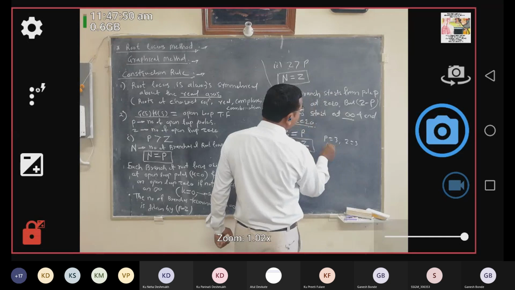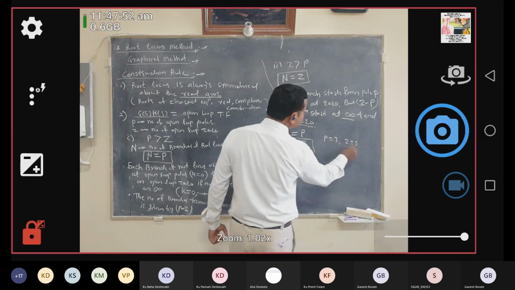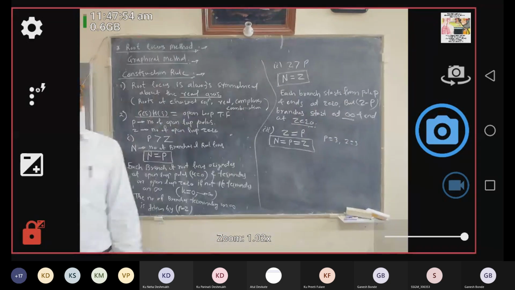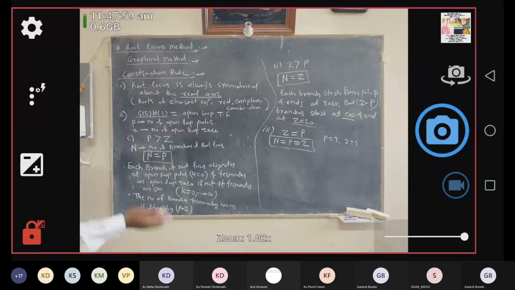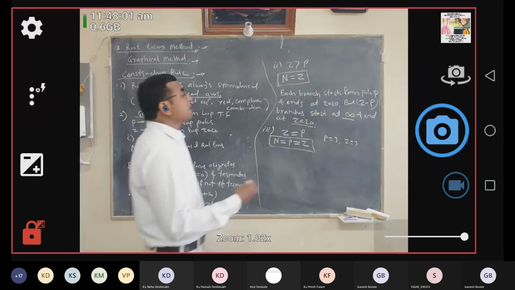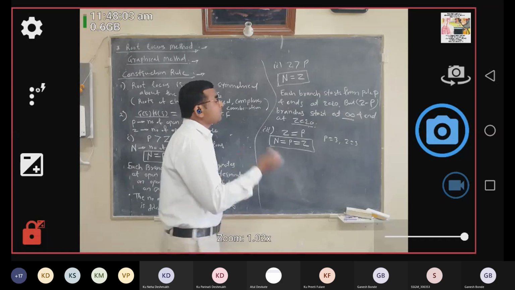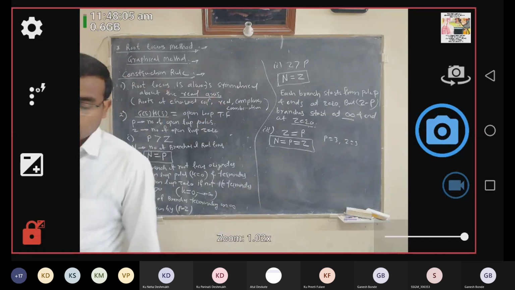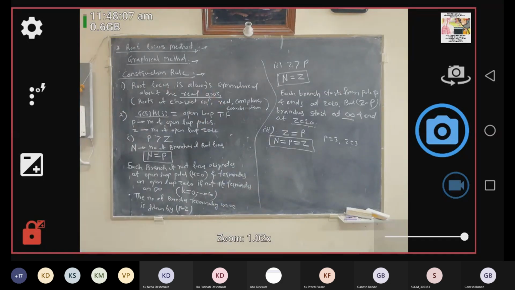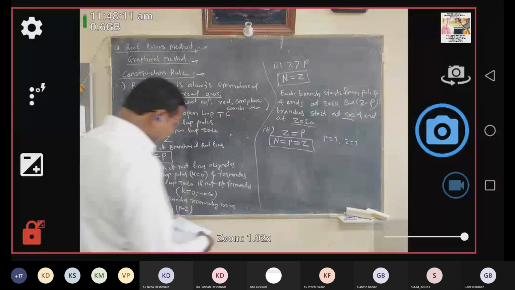So all the branches originate at poles and terminate at zeros. Therefore no branch originates at poles and terminates at infinity, and no branch originates at infinity and terminates at zeros. Okay, so here is the balanced case. Write down the explanation for this.